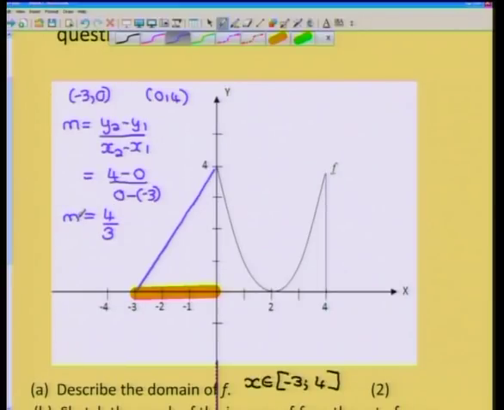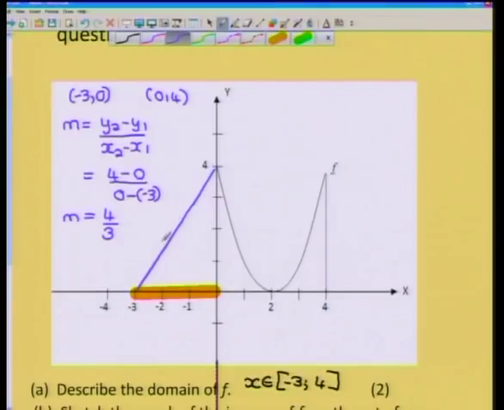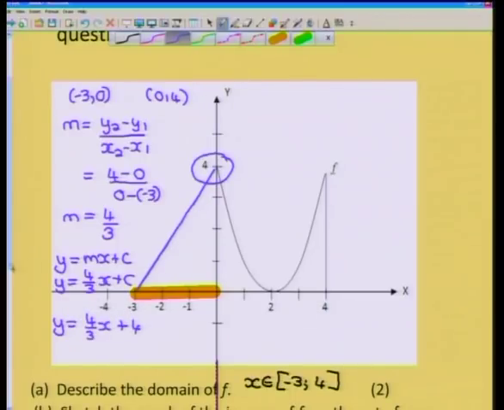Remember, I said to you, it's always important to think to yourself, is this answer realistic? And what are we finding? We're finding the gradient is positive. Now, if I look at this graph, is this gradient positive? Yes, it is. So it makes perfect sense. So it's y equals mx plus c, and therefore it's y equals 4/3 x plus c. Remember, c is the y-intercept, so it'll be y equals 4/3 x plus 4.